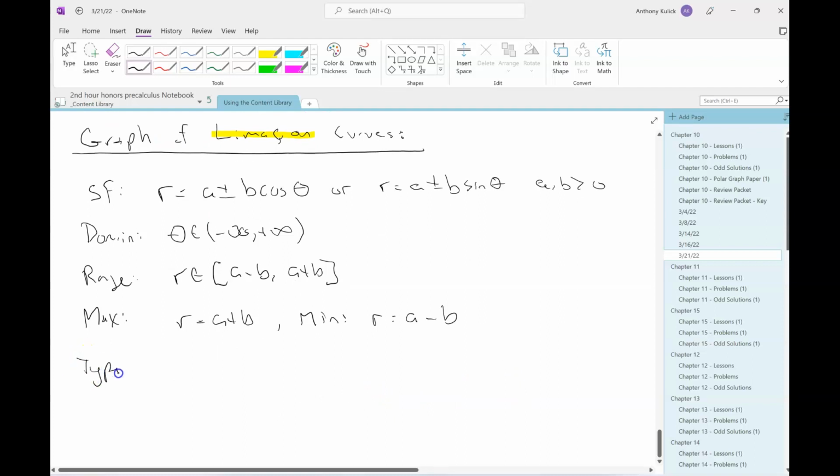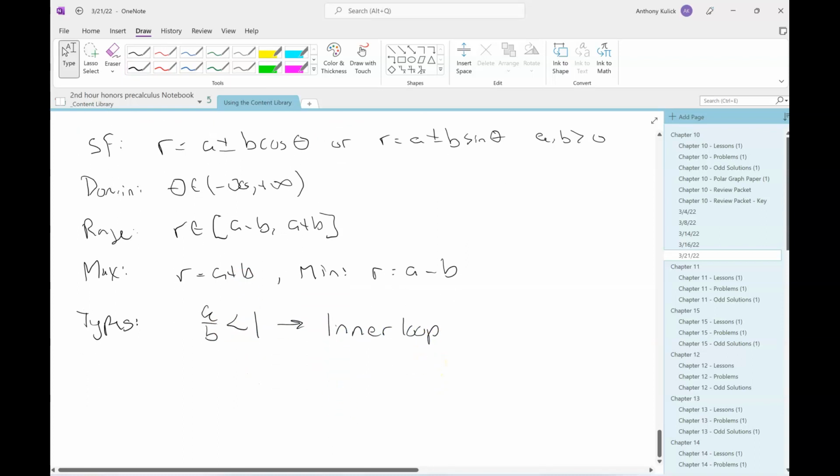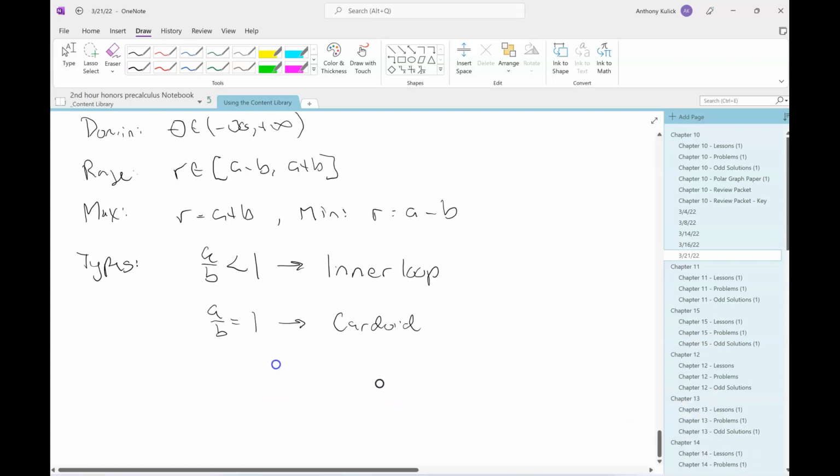Now there's four types of these guys, depending on the relationship of a over b. If a divided by b is less than 1, it's an inner loop. If it's equal to exactly 1, it's called a cardioid, because it kind of looks like a heart. If that is between 1 and 2, we call it dimpled.